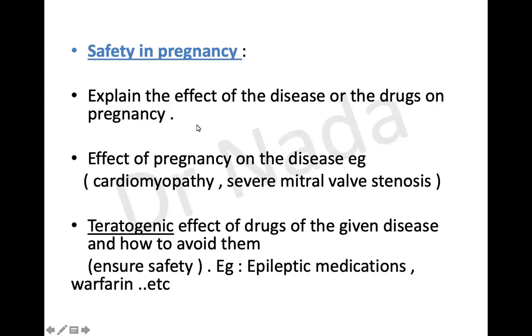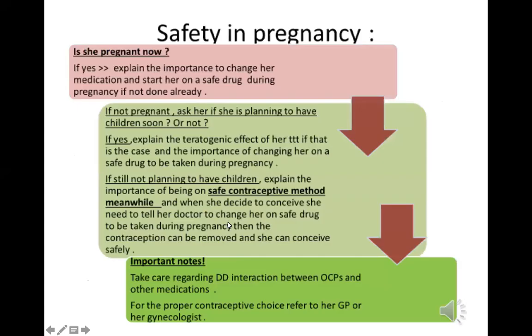So this slide explains safety in pregnancy, what you need to ask the surrogate. Remember, if the surrogate was a female, either in history taking or in communication station, okay, please don't forget the issue of safety in pregnancy, especially in communication station.